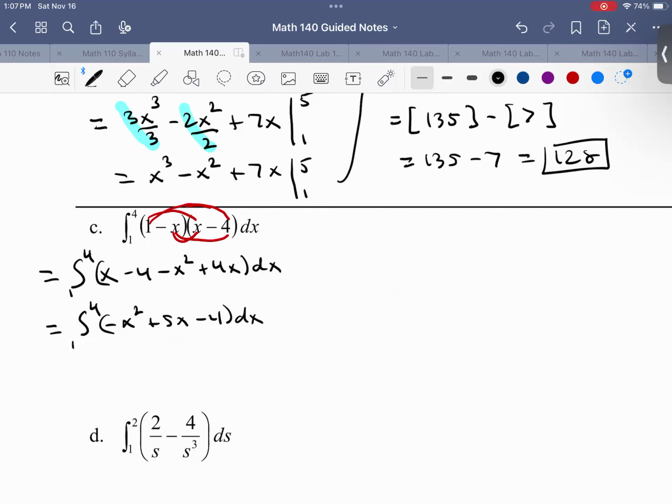Okay, so we want to integrate this function. You notice how it's way easier to integrate now as opposed to what it was before we distributed. So we're going to integrate this as we normally would. This would be negative x cubed over 3 plus 5x squared over 2 minus 4x, and we're integrating from 1 to 4.